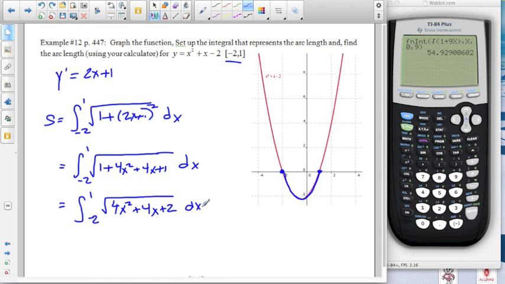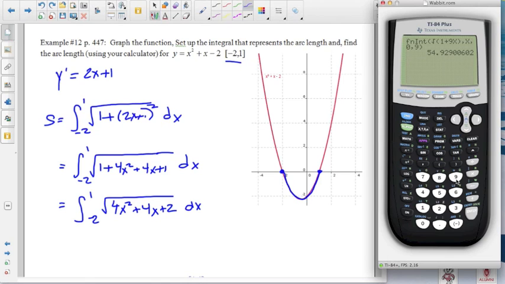So I'm going to go ahead and put that into the graphing calculator. Math 9 to get fnInt, and I'm going to type in 4x squared plus 4x plus 2. Close that off. Variable of integration is x. We're integrating from -2 to 1.